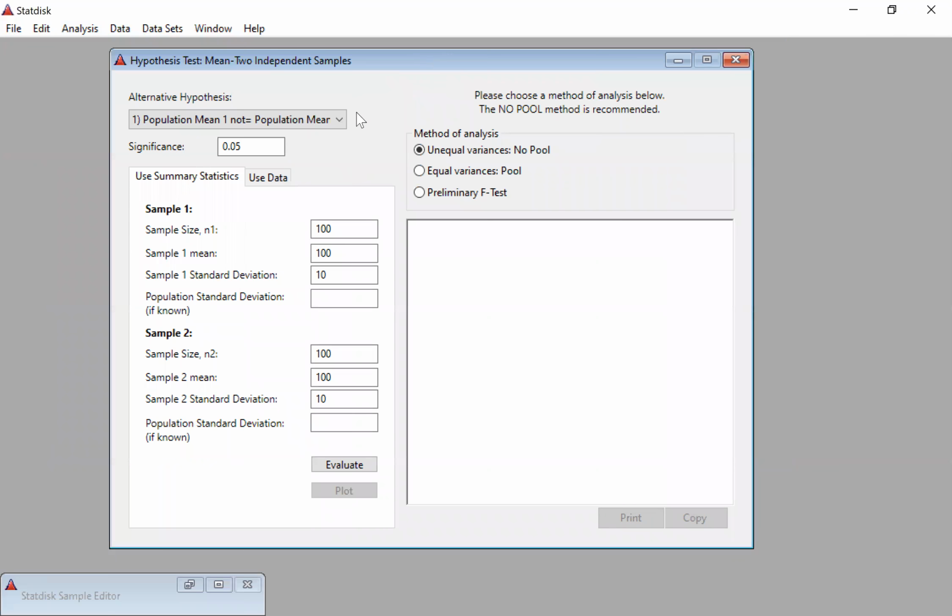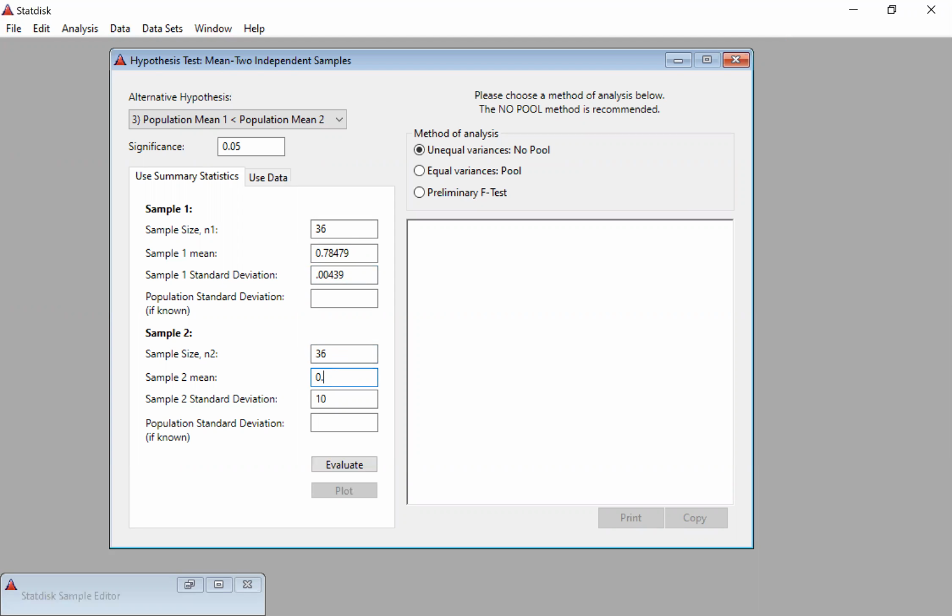So to start out, pick the appropriate alternative. It was a less than, so pick the less than. The significance level, that's 0.05, so we can leave that alone. Now for the Diet Coke, that was 36 for sample size, 0.78479 was the sample mean, and 0.00439 for the sample standard deviation.